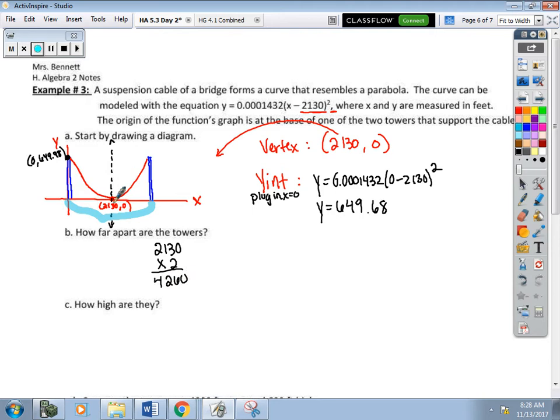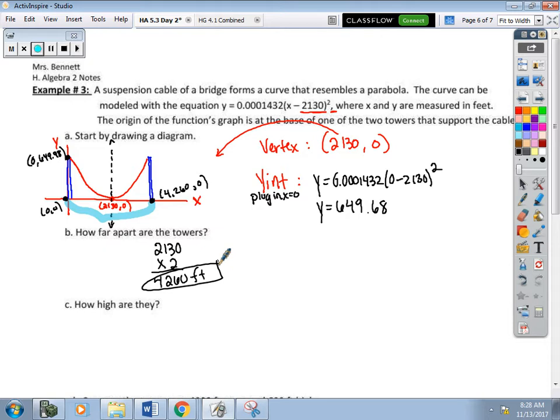So if this is 2,130 feet away, the other tower has to be 2,130 feet away. So you can either double it or add it back to itself. So this point here would be 4,260, 0. This is 0, 0. I probably should have labeled that. And this would be feet apart.